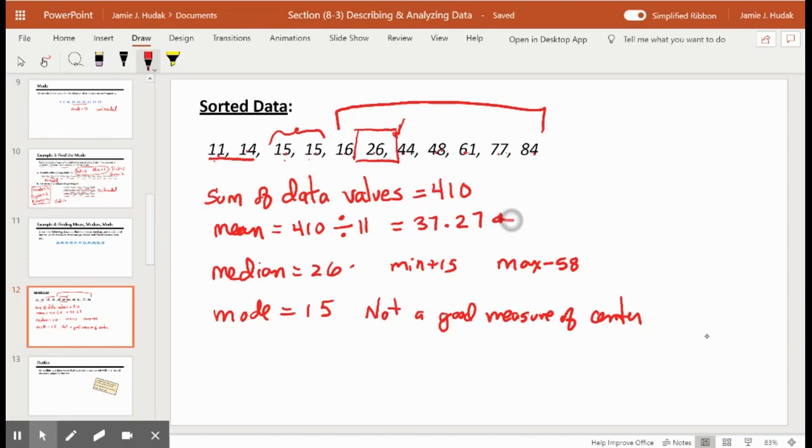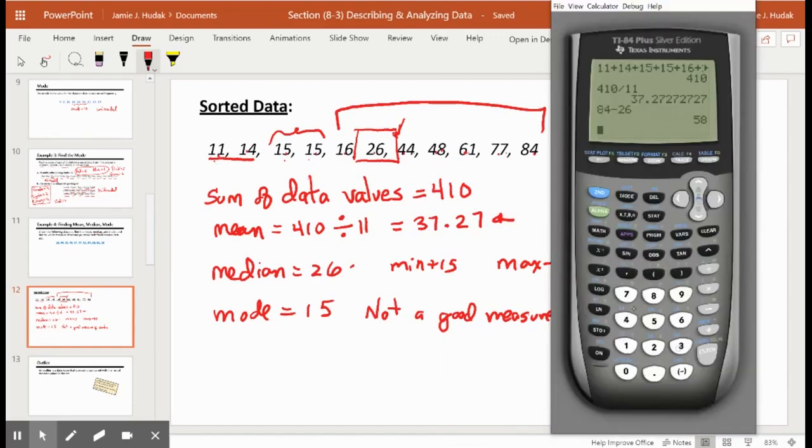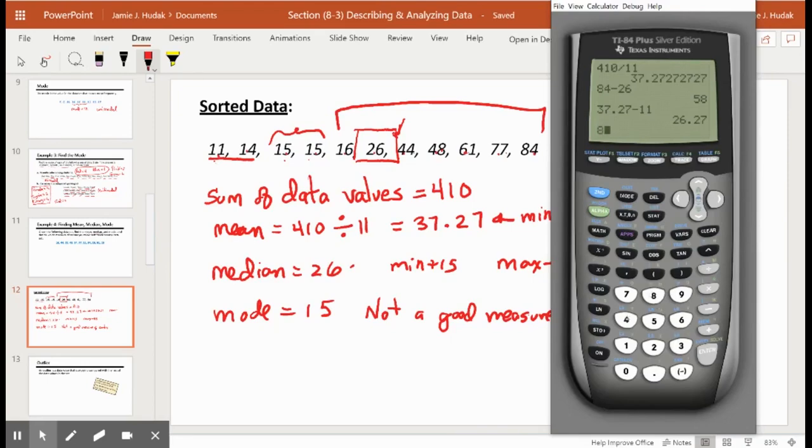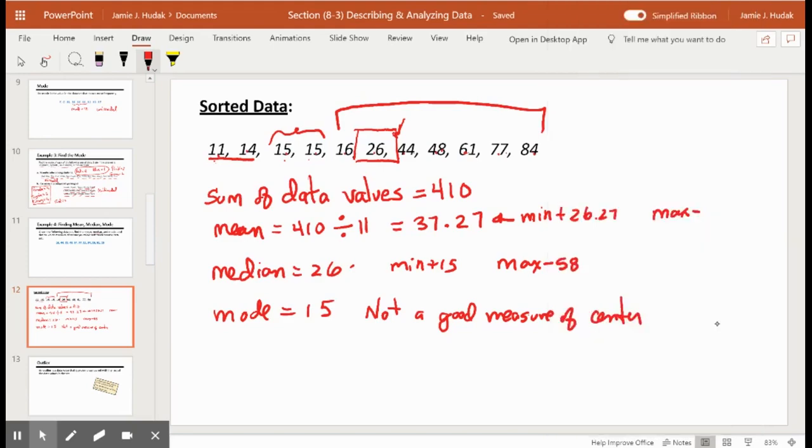Let's check out the mean. 37.27 minus 11 places the mean at 26 above the minimum. And it is going to be the maximum minus, which is 57 from the maximum.